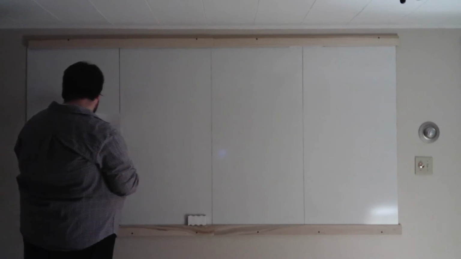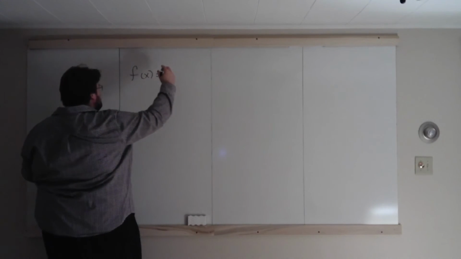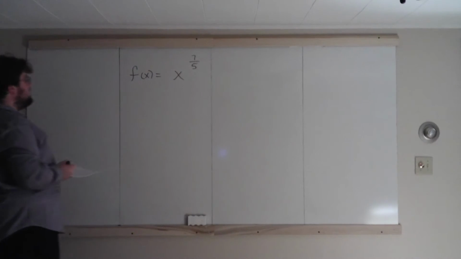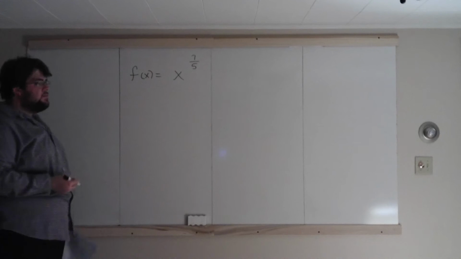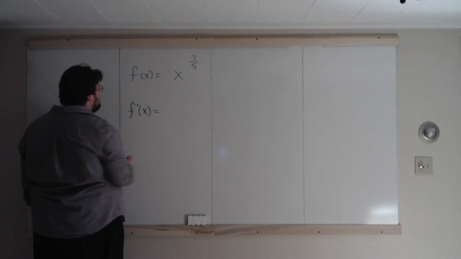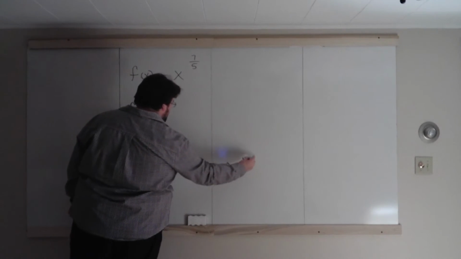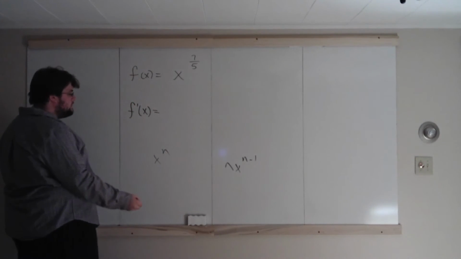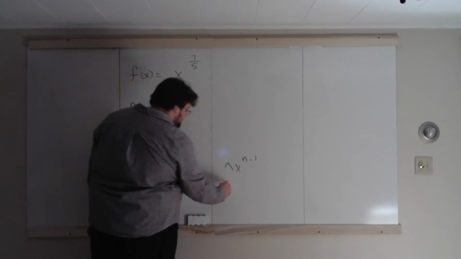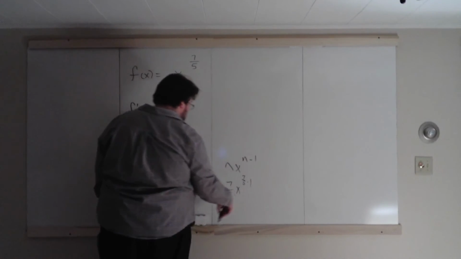Let's do this one. X to the 7/5. Well, 7/5 is a number. So the derivative of x to the n, remember, is n x to the n minus 1. So if n equals 7/5, pull the 7/5 out front, and then you get x to the 7/5 minus 1.